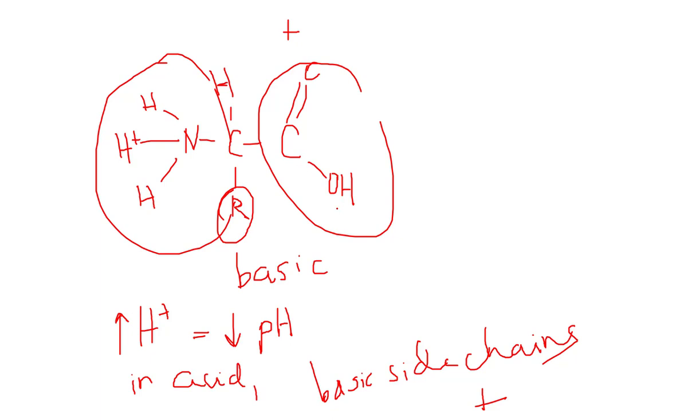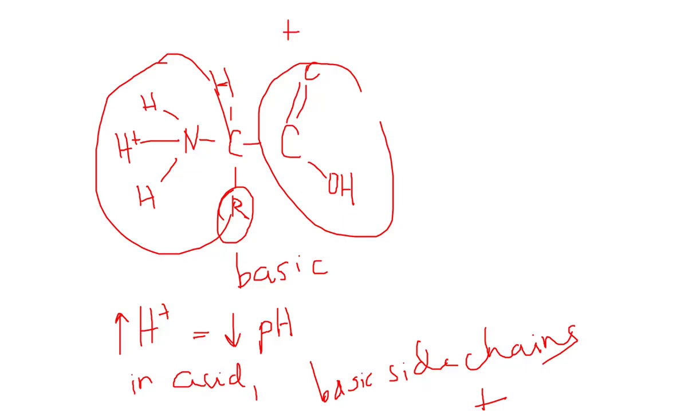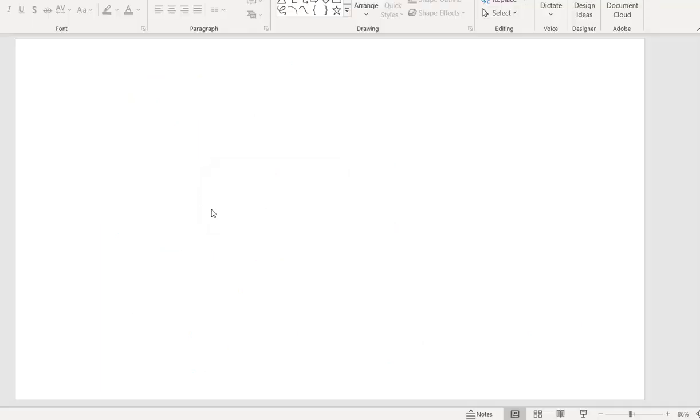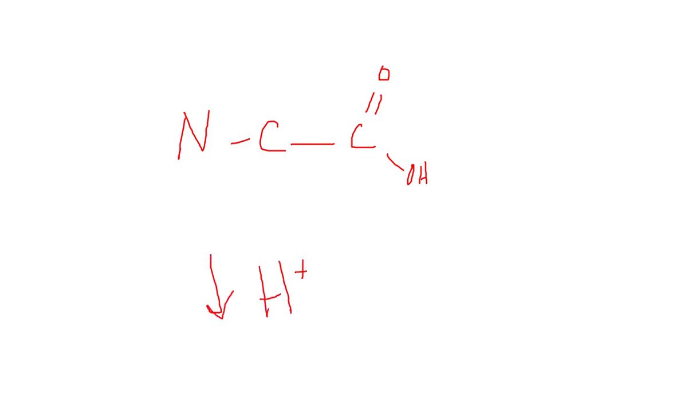The opposite will be true, though, in a basic pH. So let me draw the same amino acid, NCC. This represents kind of our protein. In a basic pH, there's a very low amount of hydrogen ions, and that means a very high pH.